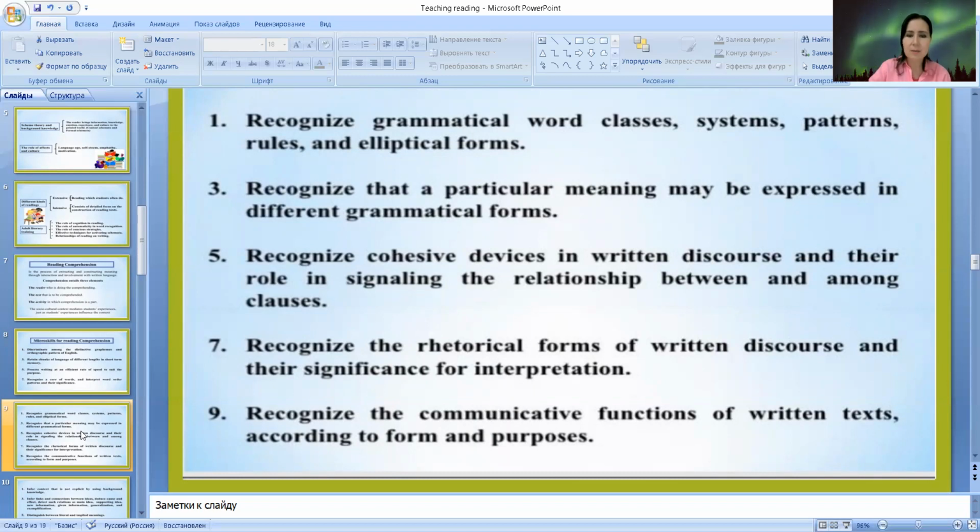Next, recognize the rhetorical forms of written discourse and their significance for interpretation. Next, recognize the communicative functions of written text according to form and purpose. Here also we pay attention to what the written texts are for, and according to the form.